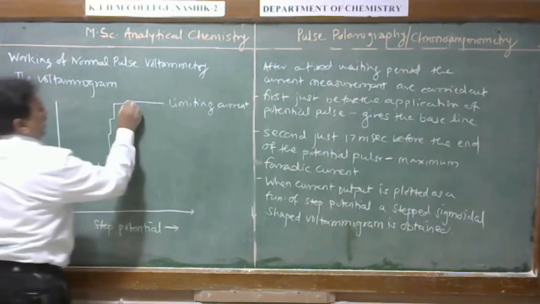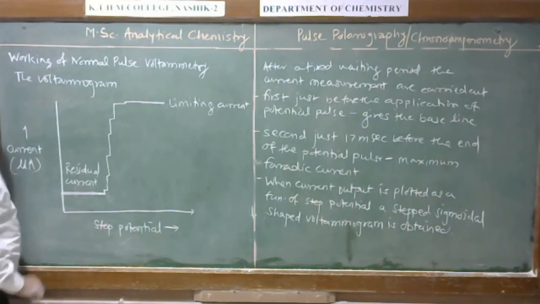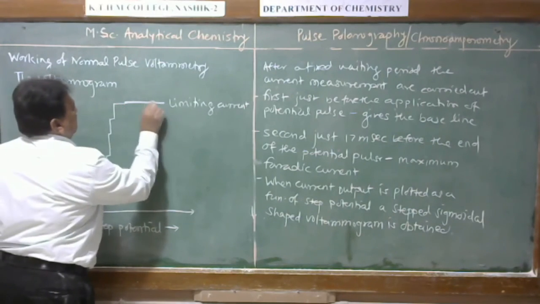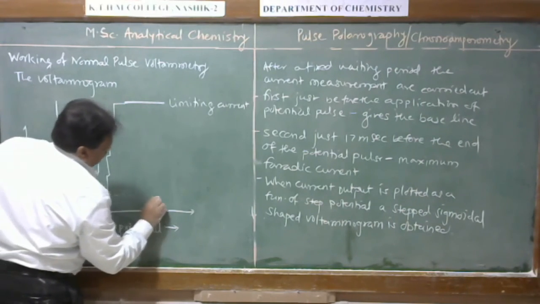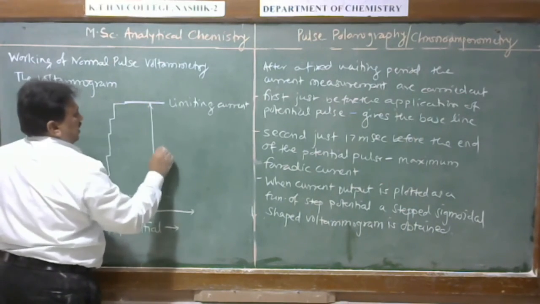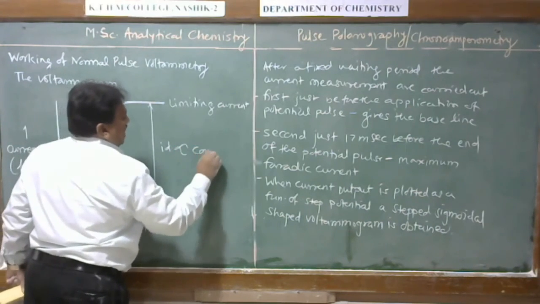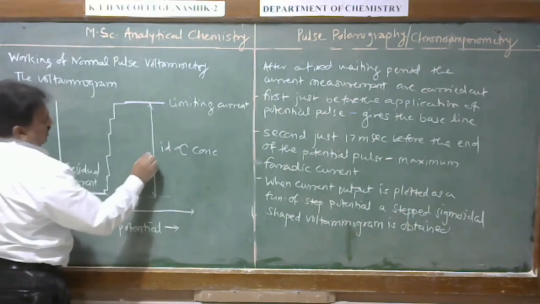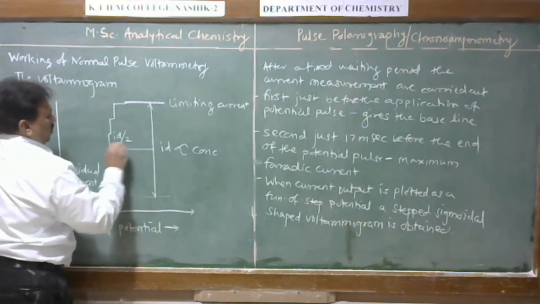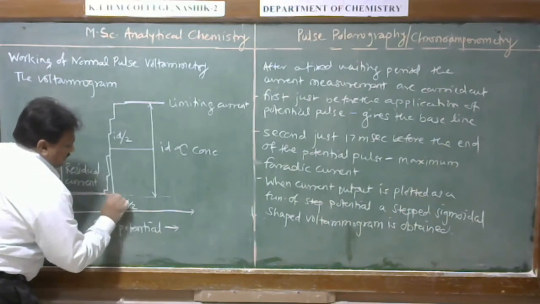Region of limiting current as well as region of residual current, both are here free from the noise. Therefore, we have exact baseline for calculation of a diffusion current. Therefore, ID can be easily determined, which is directly proportional to concentration, and at 1/2 ID, that is ID by 2, whatever the potential we have, that is E1/2.